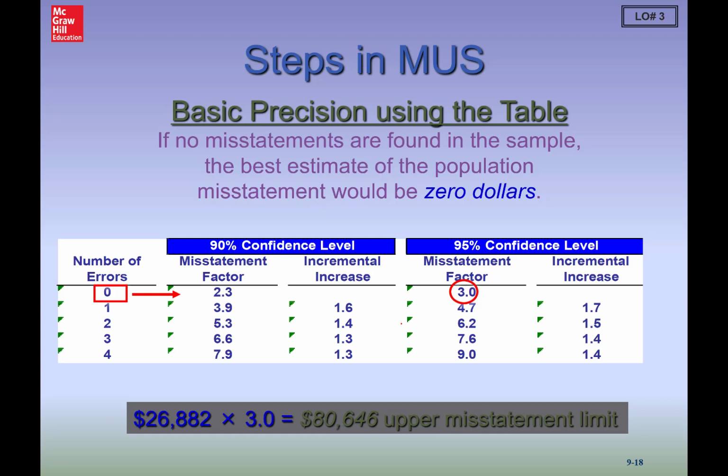And so when we use this misstatement factor, notice we apply this misstatement factor of 3 to the sampling interval. So we're saying that even if we find no errors, there could be a misstatement of as much as 80,464.